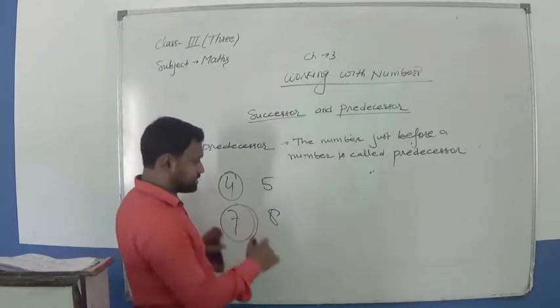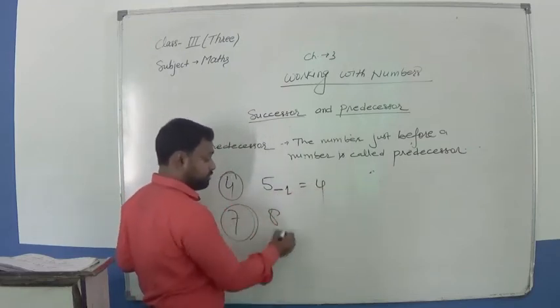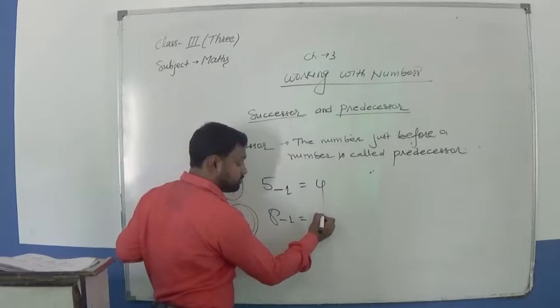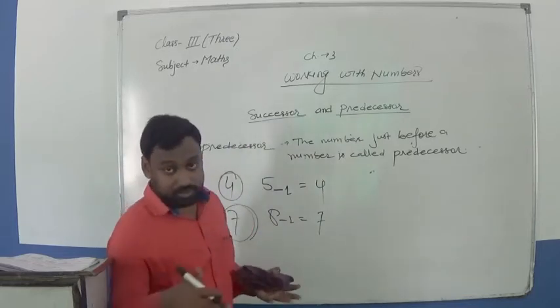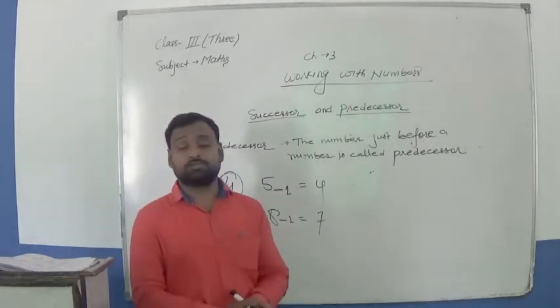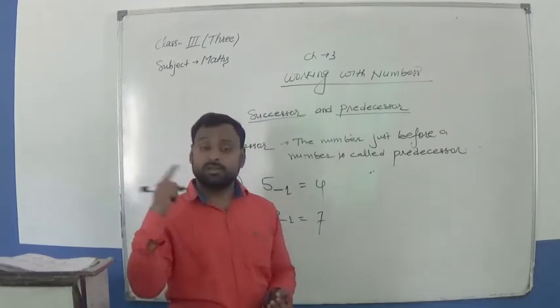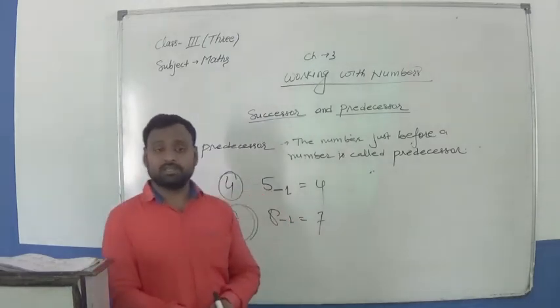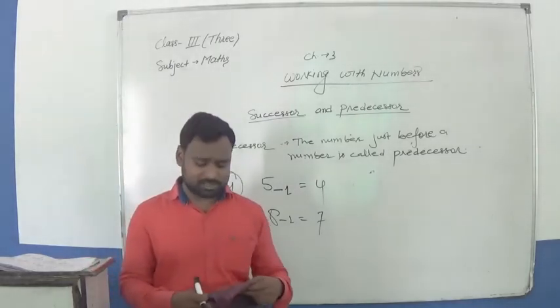Now see how, minus 1. 5 minus 1 equal to 4. 8 minus 1 equal to 7. What do you see? When we subtract 1 from a number, we get the predecessor of that number. So it is a very common term, successor and predecessor.